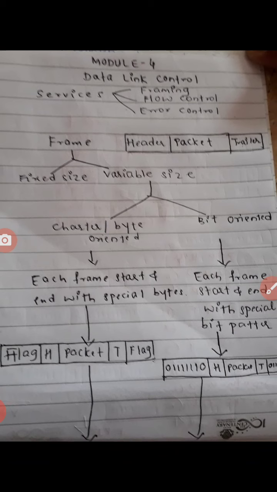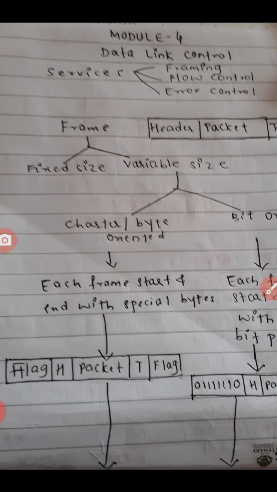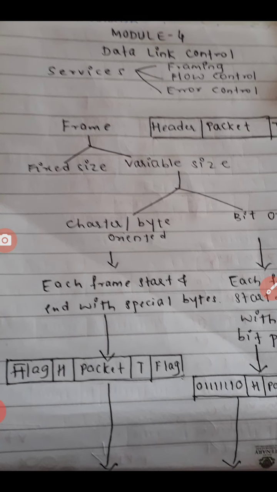In this approach, the frame is attached with starting special bytes and ending special bytes. Those special bytes are nothing but the flag. You can just see the diagram. We have the packet, that is the original data. For that, H stands for header, T stands for trailer.